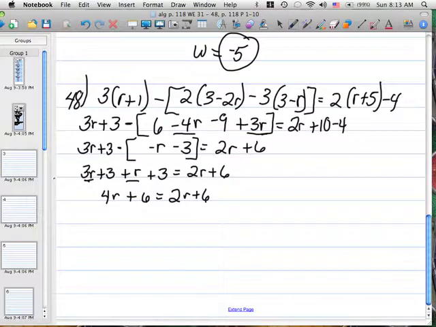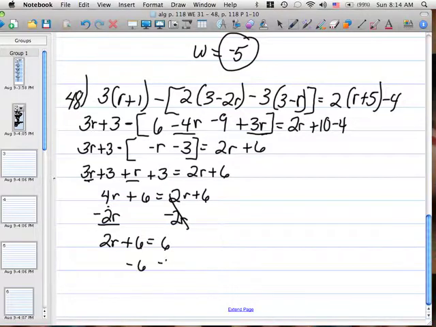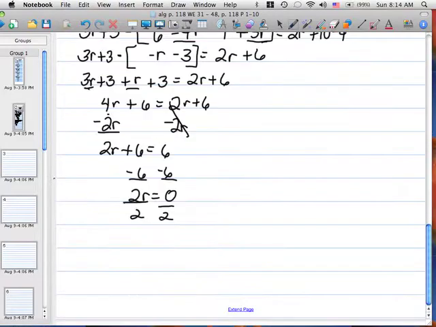Since there's more of the 4r, I'm going to eliminate the 2r on the right, so I keep things positive. So I have 2r plus 6 equals 6. Subtract 6 from both sides, I get 2r equals 0. Divide by 2, and my solution is the number 0.